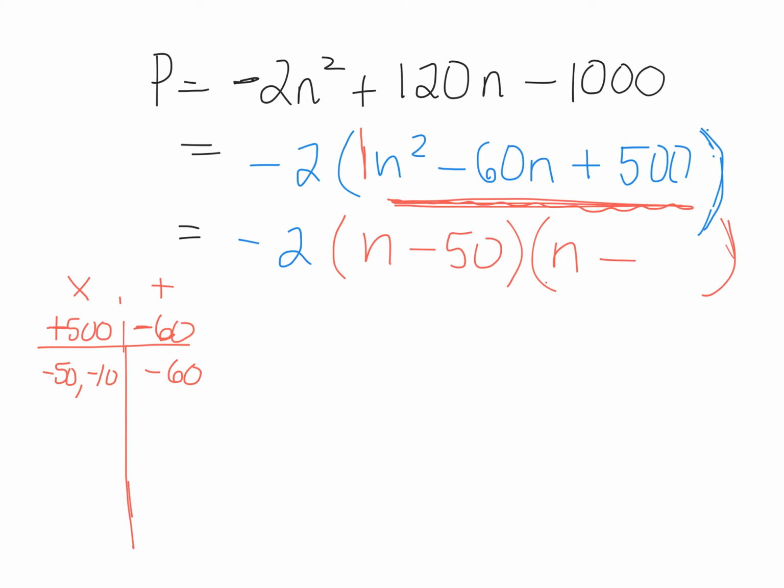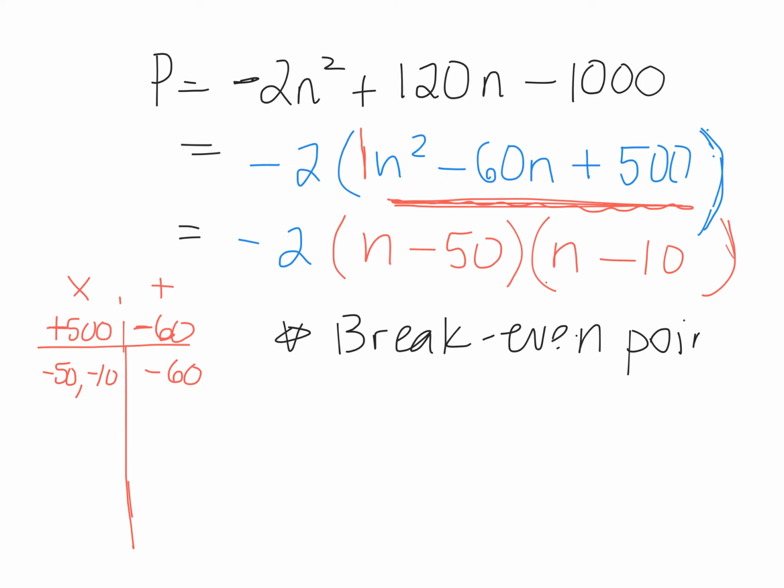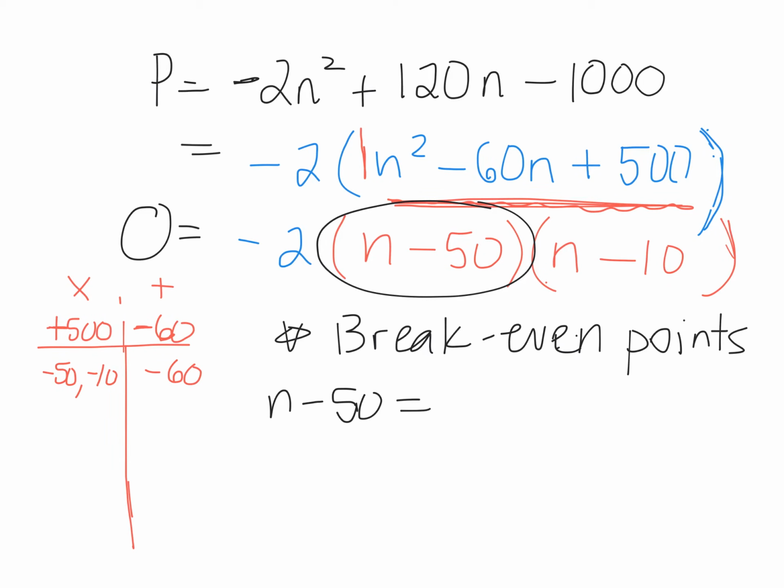Okay, so we are trying to figure out the break-even points, which would be the x-intercepts on the graph, right? So if this is one of my factors, n minus 50 equals, I have to make my profit 0, right? In order for you to break even, profit has to be 0.